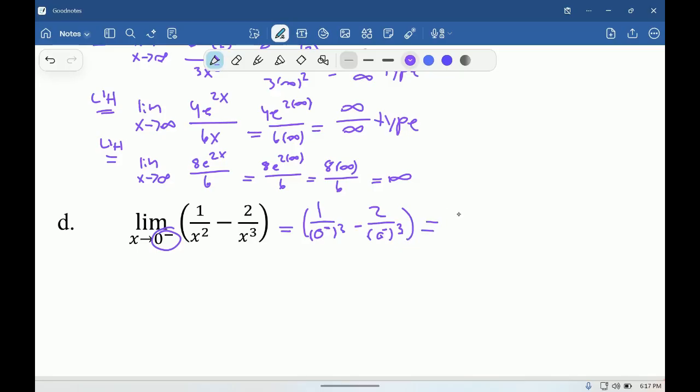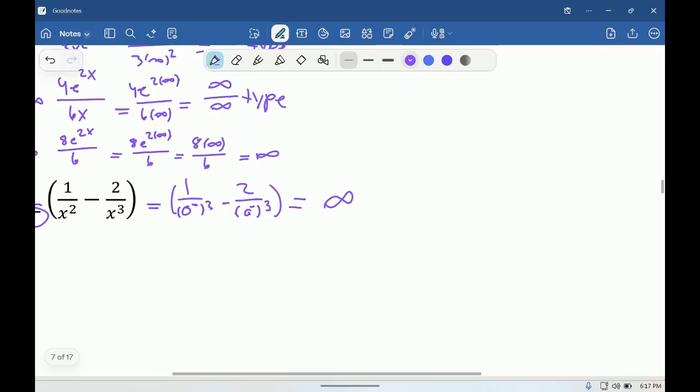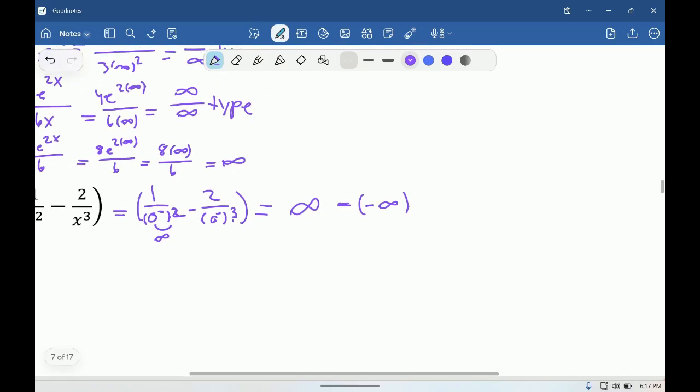This is going to be positive infinity, because anything that's squared is going to be positive. And then we're going to get negative infinity, because anything negative that is cubed stays negative. So this is going to be 0 plus infinity, which equals infinity.